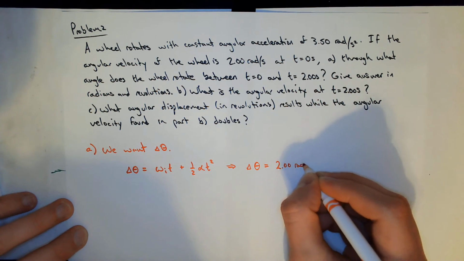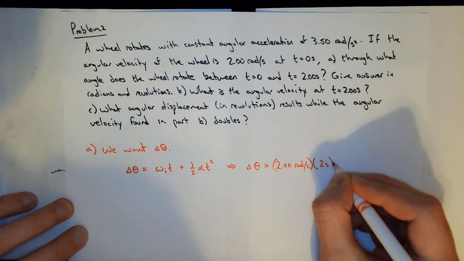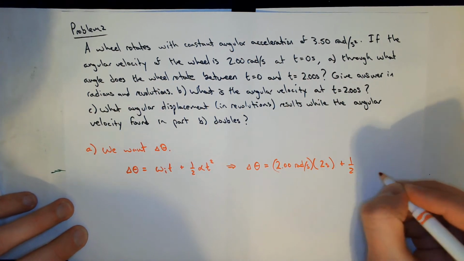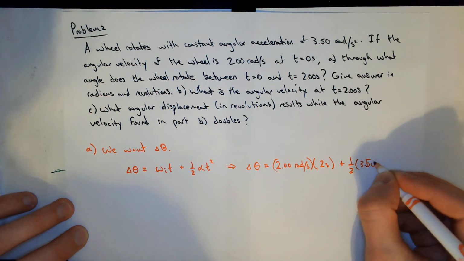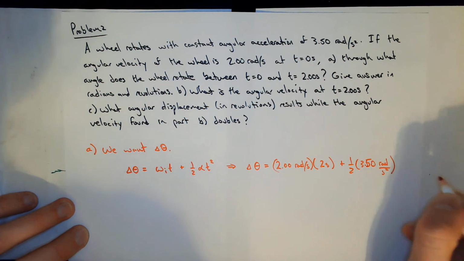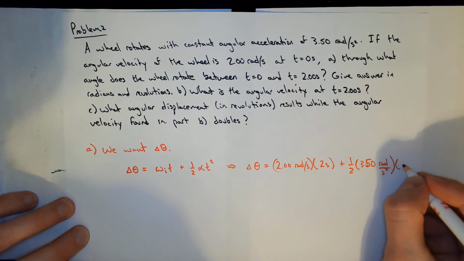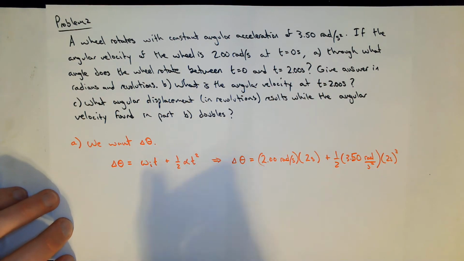2.00 radians per second times 2 seconds plus 1/2 alpha, 3.50 radians per second squared, times 2 seconds squared. Okay, just plugging everything in there.